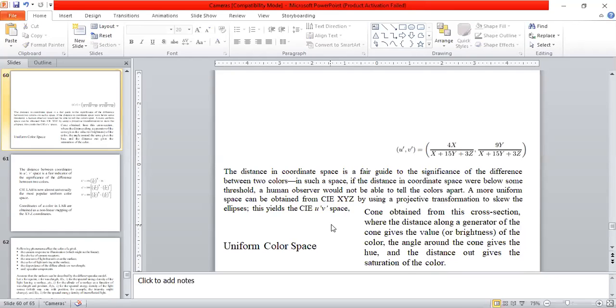So we have XYZ space, we know that, and all what we will use is functions where all the coordinates are positive. And how do we represent that plane where it cuts the cone, all that we discussed in XYZ. When we use this XYZ space after a projective transformation, the resulting color space we call U dash V dash space, right?